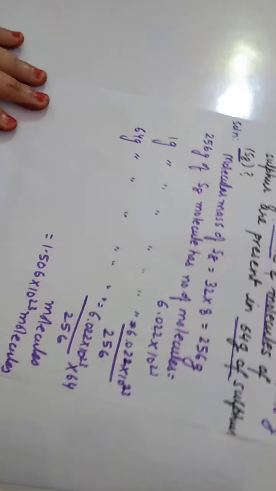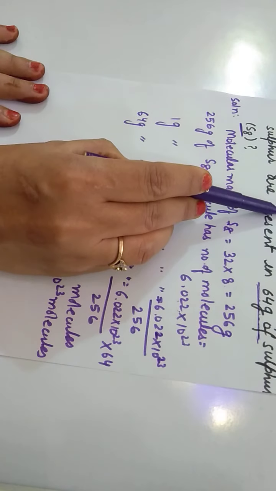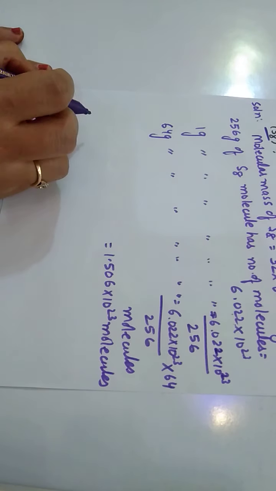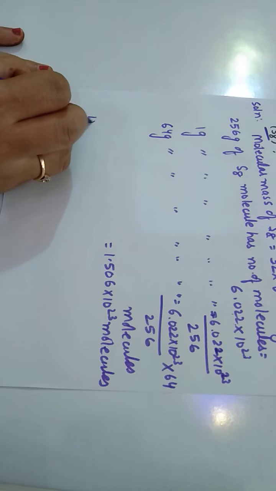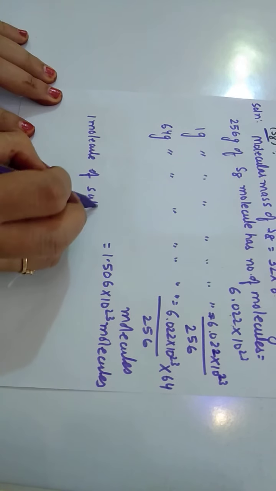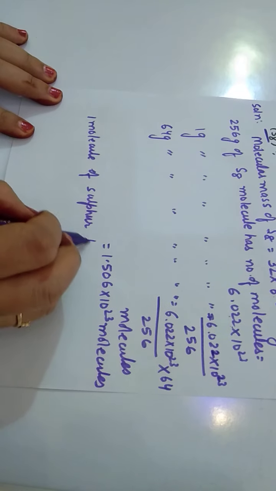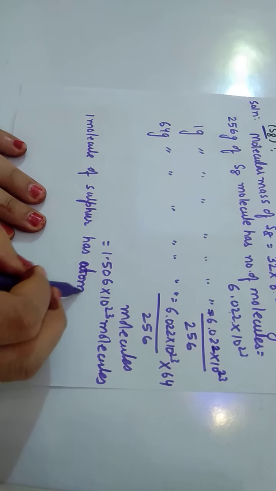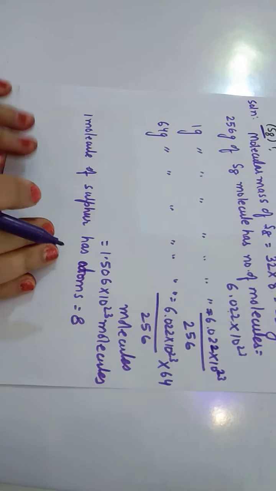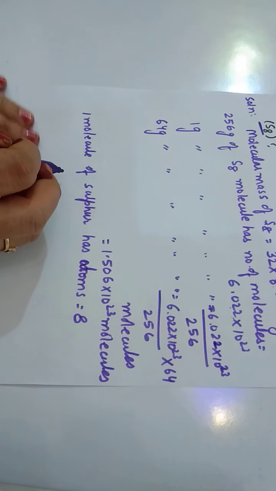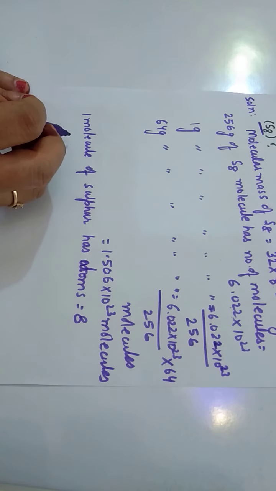Now, again one more question is there. You need to find out the number of atoms also. So, as you all know, one molecule of sulfur has 8 atoms of sulfur.